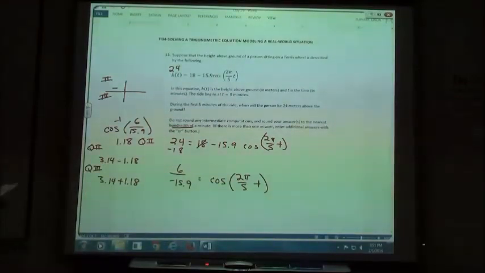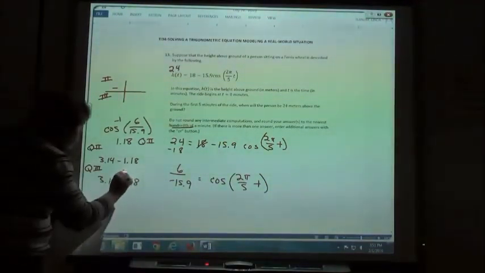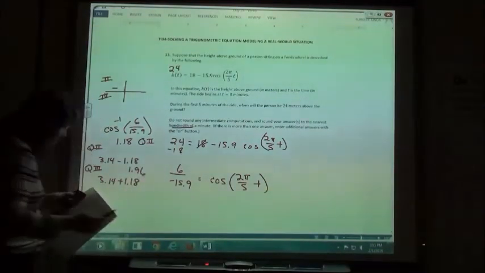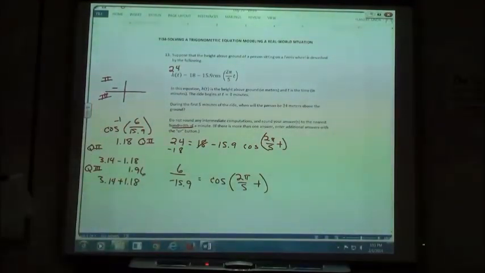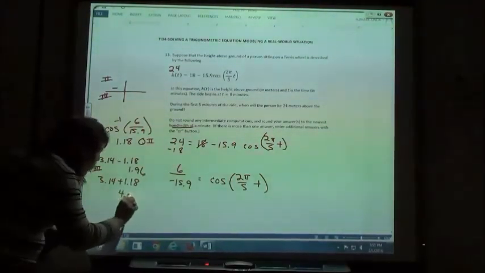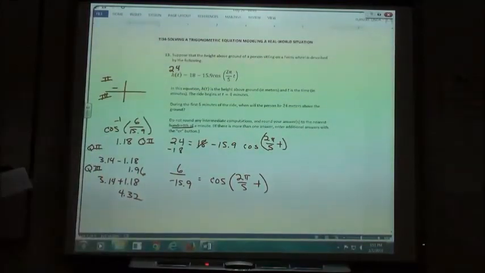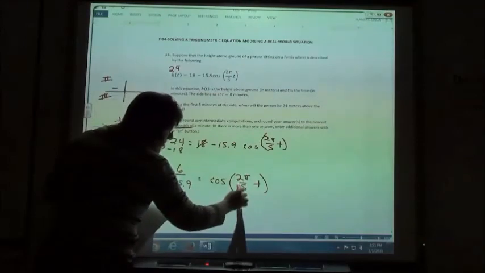So if I go ahead and do that, 3.14 minus 1.18 would give me 1.96, and 3.14 plus 1.18 gives me 4.32. Now, that is really equal to this.